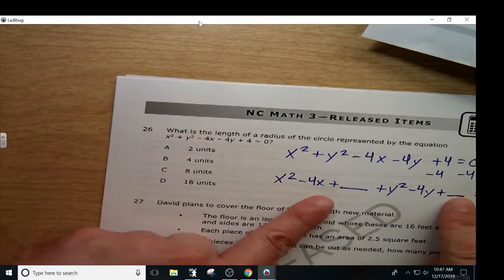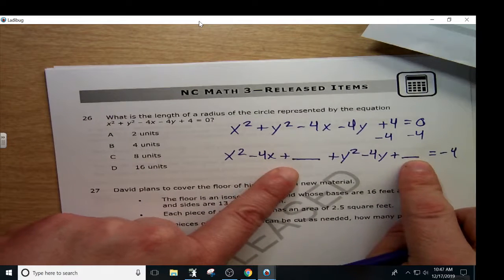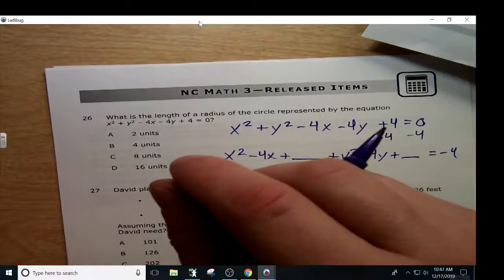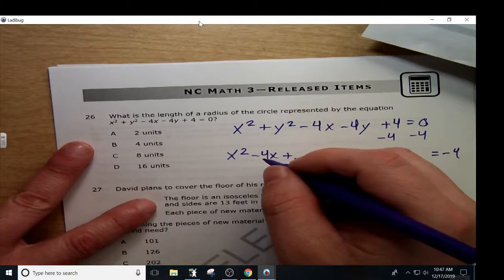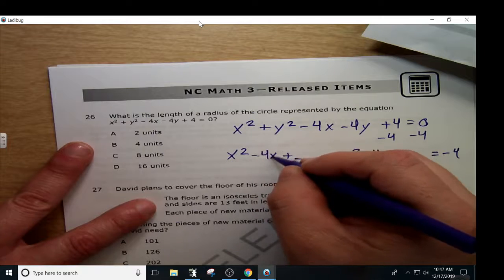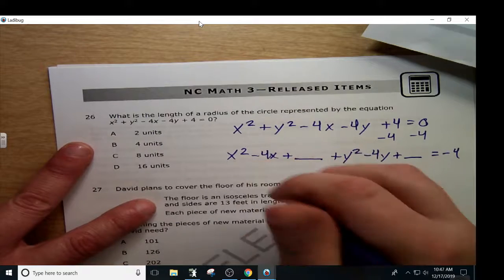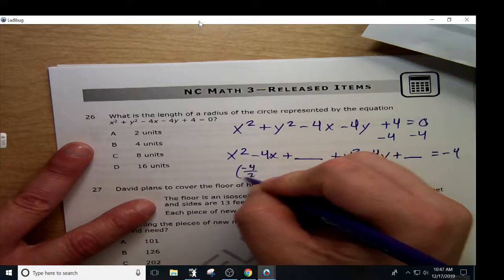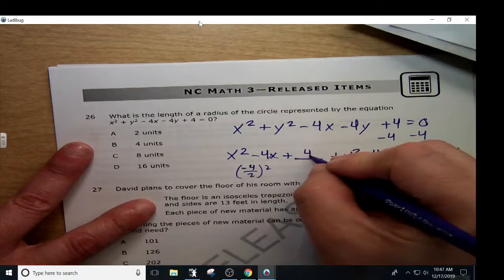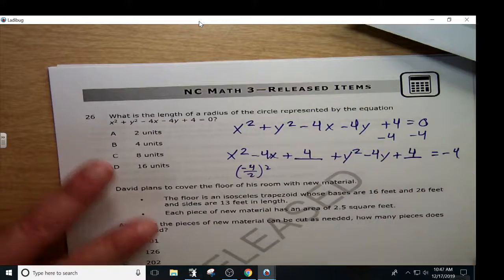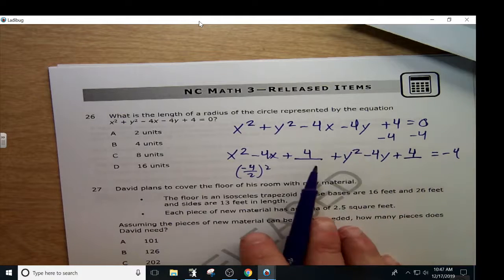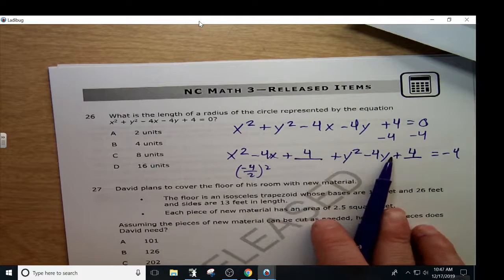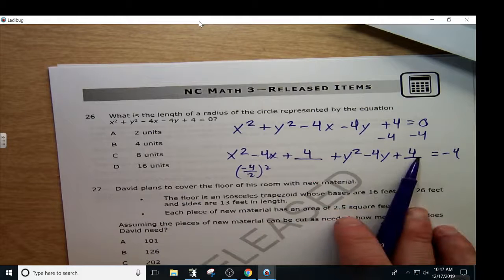Now guys, what's going to go right here is after we do the complete the square. Okay? This is like, I think it was the last two questions on the circle test when we did it. Now, what you do, you take your b, divide it by 2, and you square it. Well, negative 2 squared is 4. That's going to be 4 as well. So what we're going to do is add this to the other side. Okay?